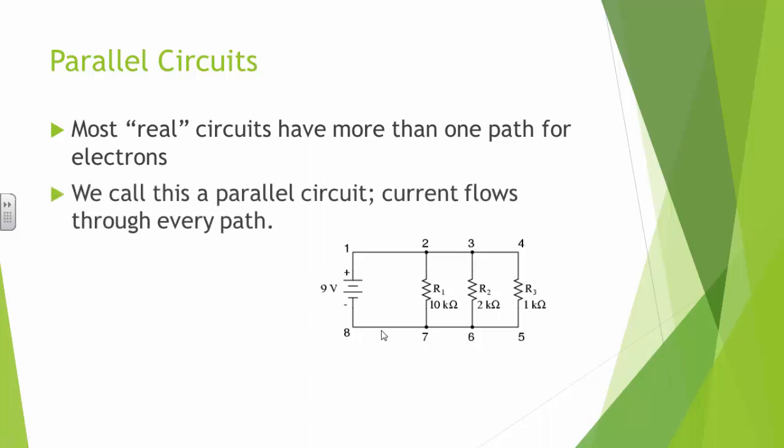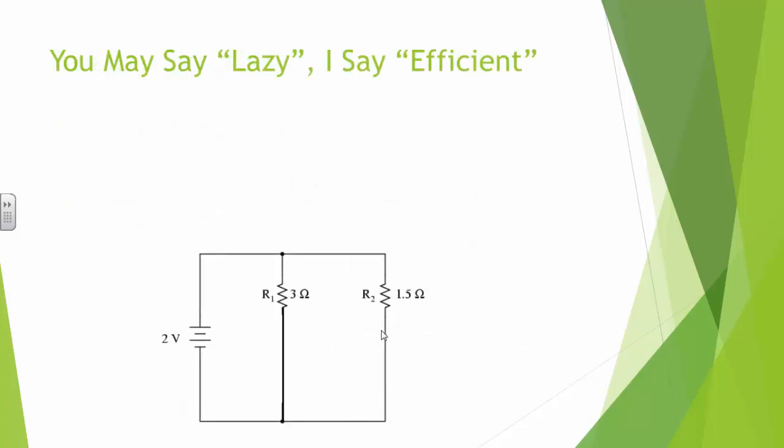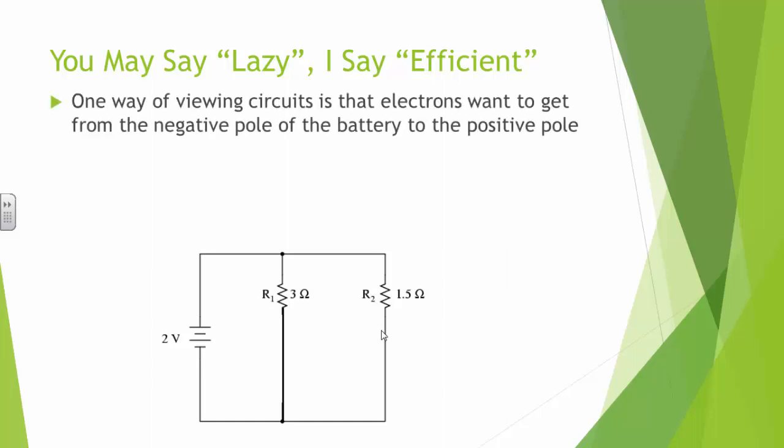And current will flow through each path. But how much through each path? Well, in fact, we can figure that out. Let's talk in general terms first. If we look at a given circuit, we can say that the electrons want to get from the negative pole of the battery to the positive pole of the battery.